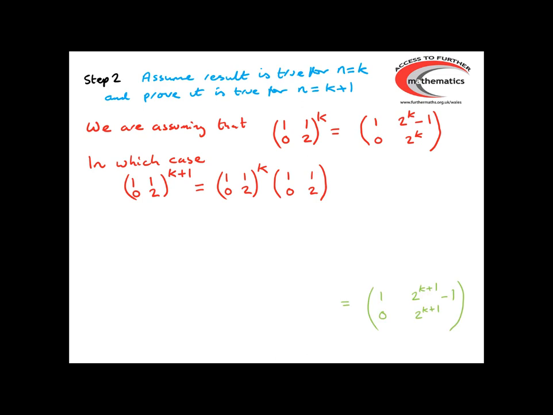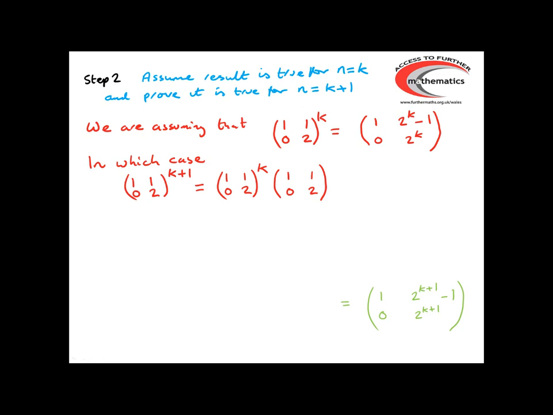There's the target matrix that we have got. So we've got to try and fill in the gap. We've got to try and show that these two matrices at the top of the page, multiplied together, actually equal this matrix here at the bottom of the page.